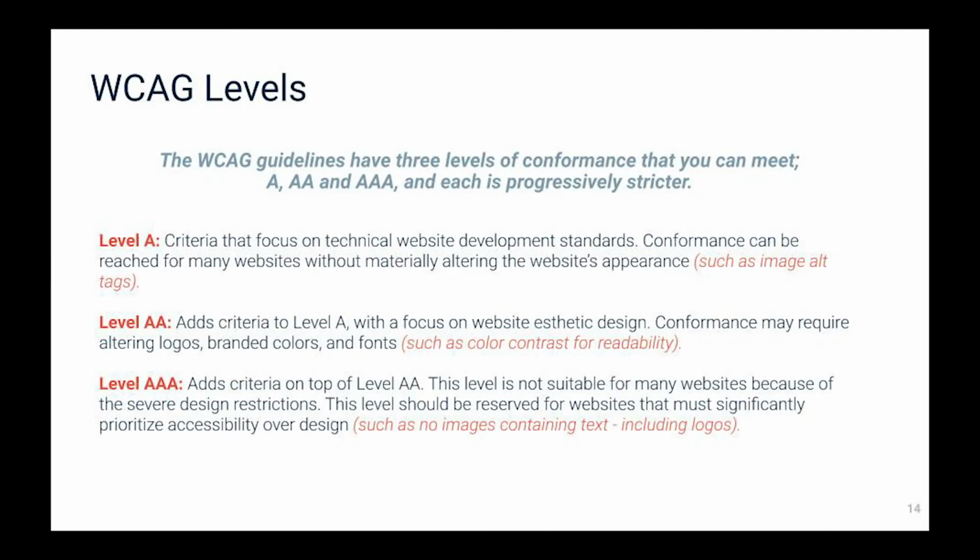So moving on to the different levels of WCAG, this piece gets a little bit confusing because WCAG has 3 levels, all of which are considered to conform to these guidelines. However, it's your choice which one you want to use. We recommend at the very least following level A, and this level A focuses on website characteristics that are mostly under the hood.